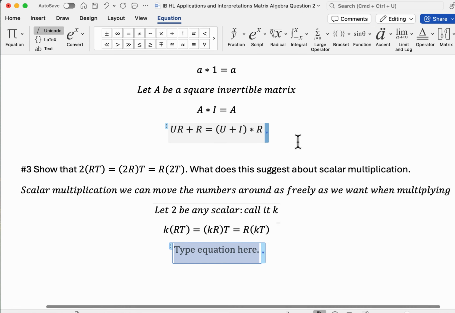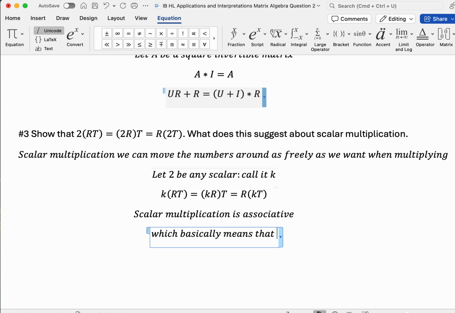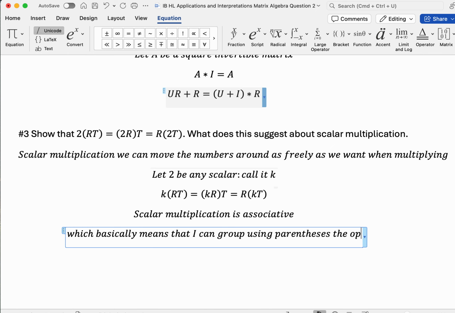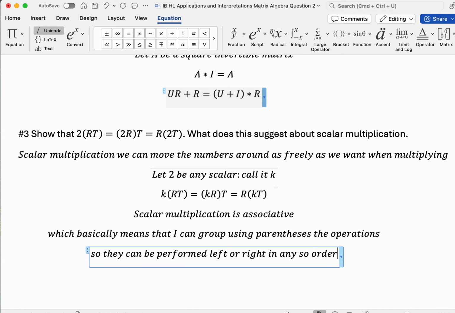And what this suggests about scalar multiplication is that scalar multiplication is associative, which basically means that I can group, using parentheses, the operations so they can be performed left or right in any order you choose.